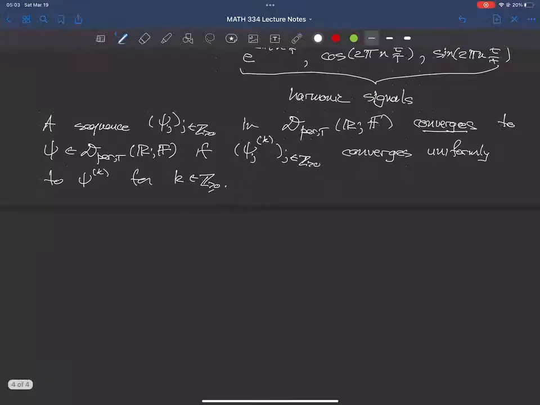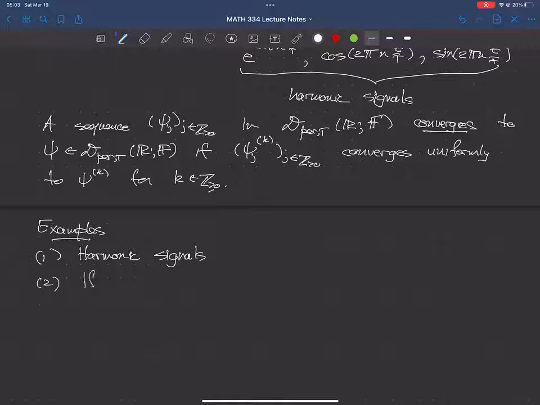All right, so as I've already said, the harmonic signals are examples in here. There's another way of building these things. If phi is a normal test signal, so infinitely differentiable with compact support, then define the periodization.